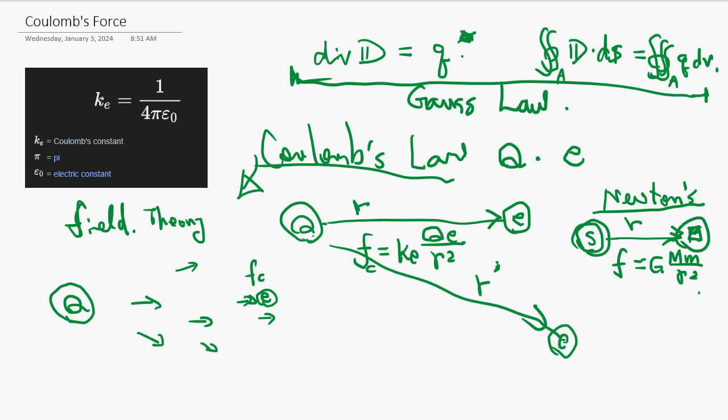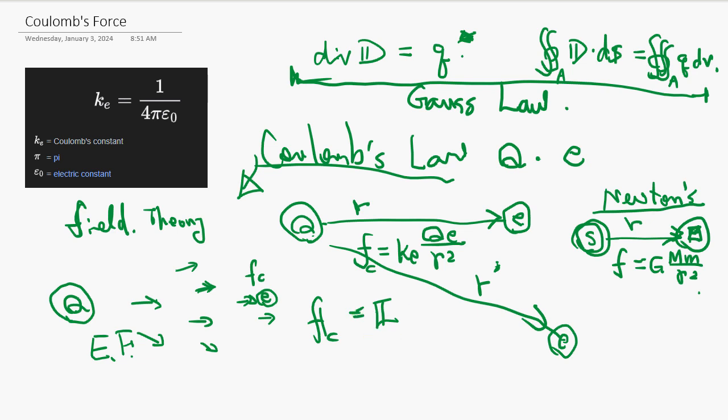So it's not that this large Q is directly acting on the small q. The large Q generates a field. It's called the electric field, right? So force becomes the electric field times q.